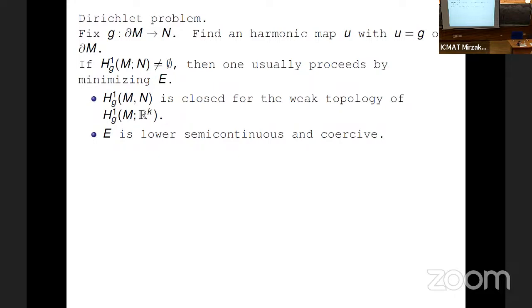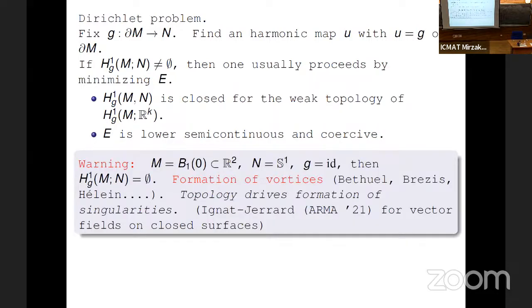Okay, so there is this big if here, because of course you may enter a situation in which this set is empty, and there is a big warning which comes, for instance, in 2 dimensions. So if now, for instance, M is just the ball in R2, you take values in S1, and you fix this boundary condition, which is simply the identity. Well, you realize at some point that this space is empty.